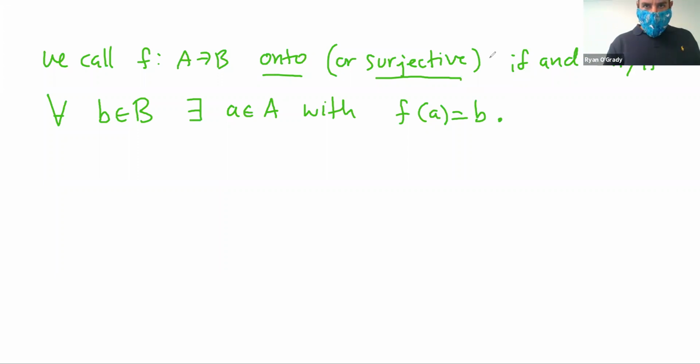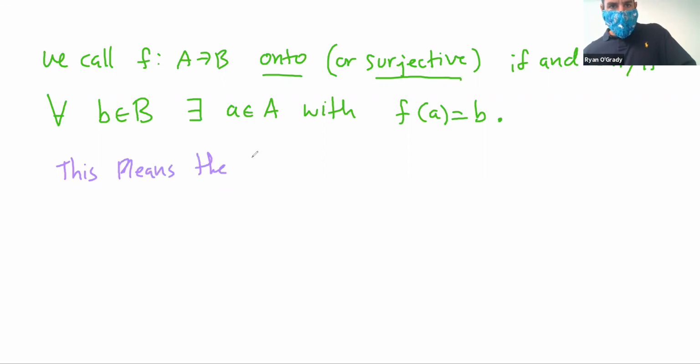So, another way to write this property, this means the range and codomain are the same.